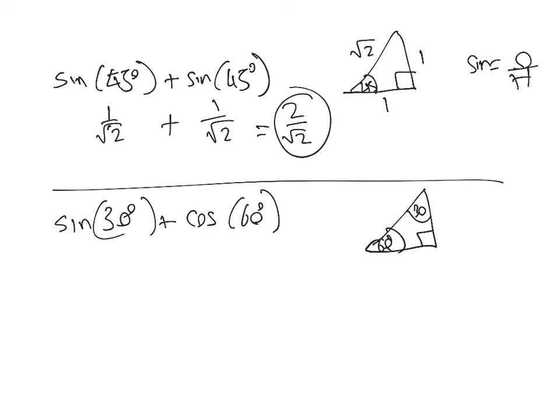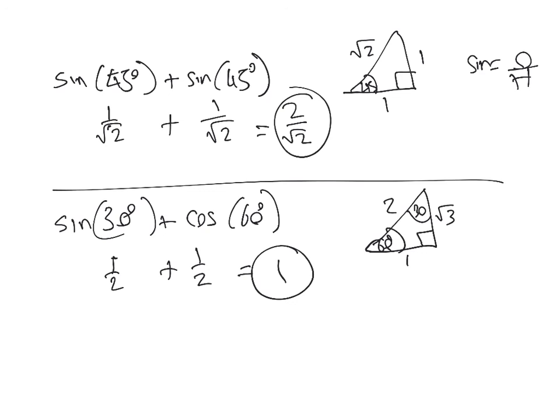So remember it was an equilateral triangle, so we knew that was 2, that was 1, and that was root 3. So sine of 30, so sine is opposite. So 1 over hypotenuse 2, a half, plus the cos of 60. So that's adjacent over hypotenuse, 1 over 2, so that equals 1. So they're the second sort of questions you might get as well.